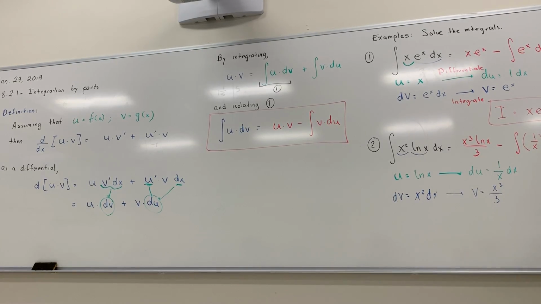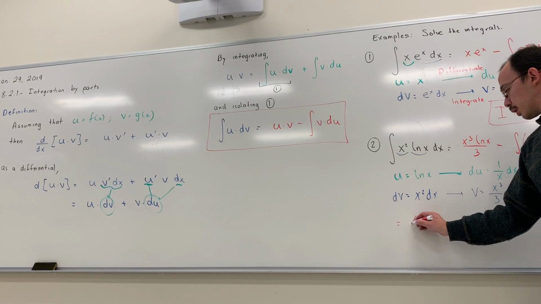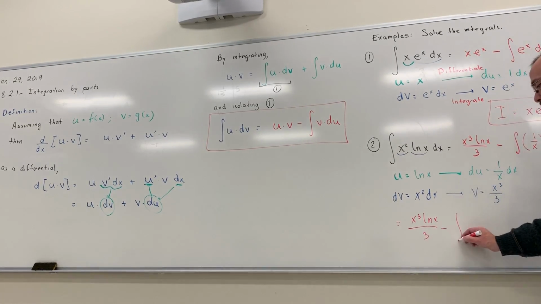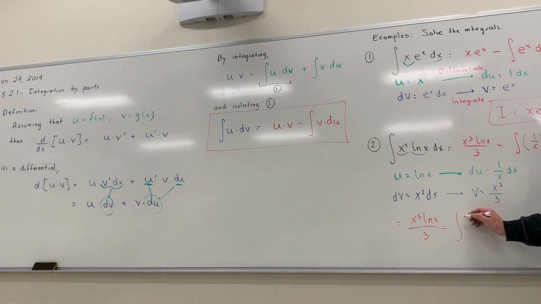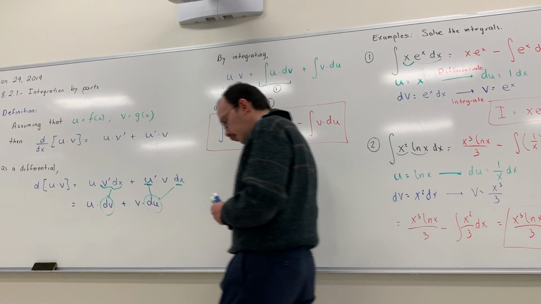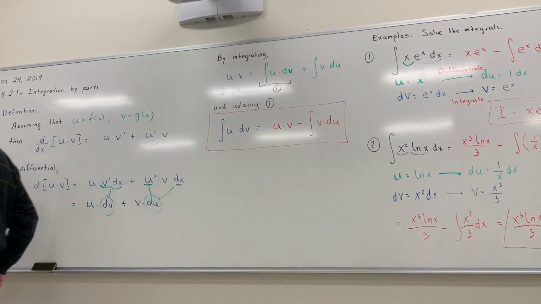Yeah. x to the cube ln of x over 3 minus the integral of 1 over x times x to the cube over 3, which is x squared over 3 dx. Can I solve that? Yeah. Minus... done.